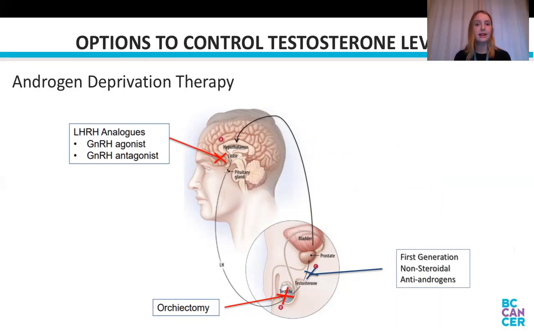And then looking at the agonist, such as Lupron, Zoladex, or Eligard, these work by overstimulating an area of the brain, which is responsible for sending that signal to the testes. Now, this initial overstimulation causes an increased signal to the testes, which causes them to produce more testosterone initially.